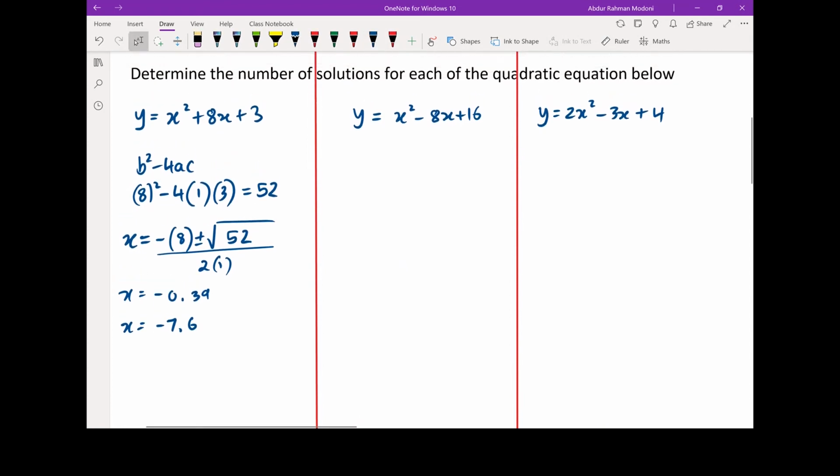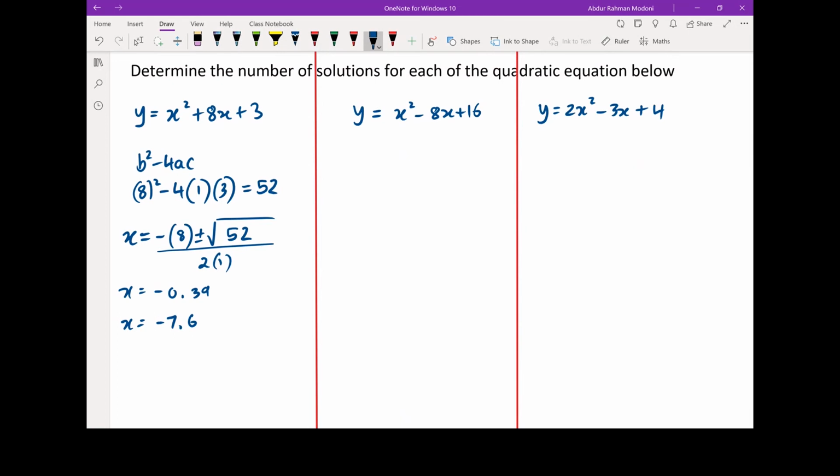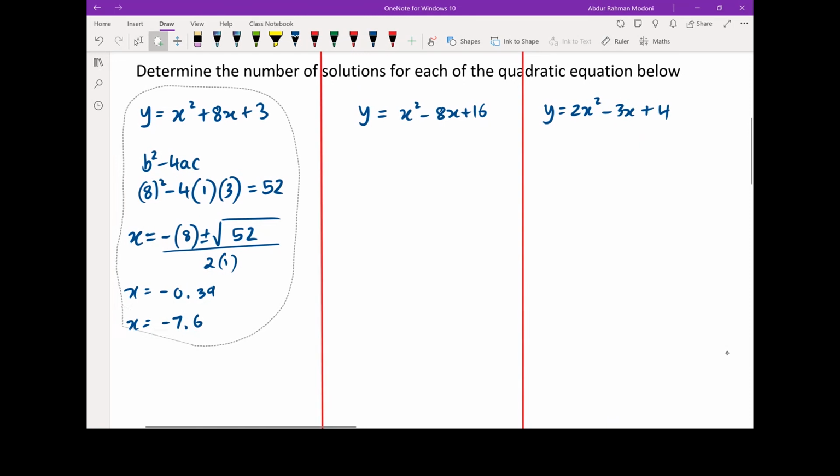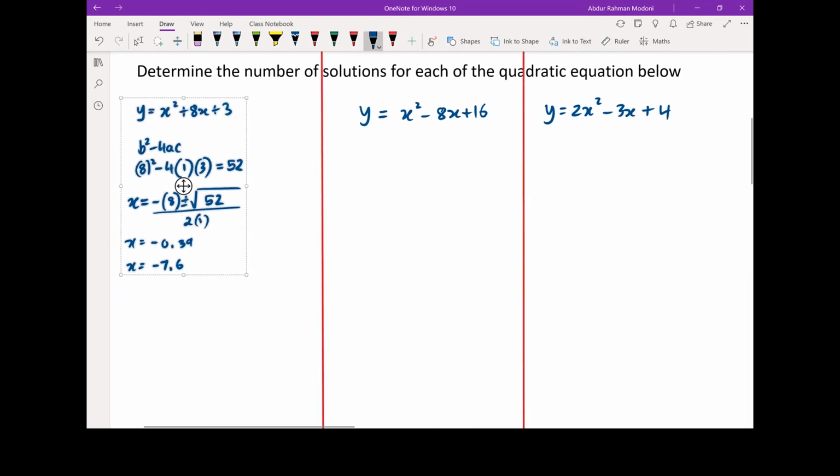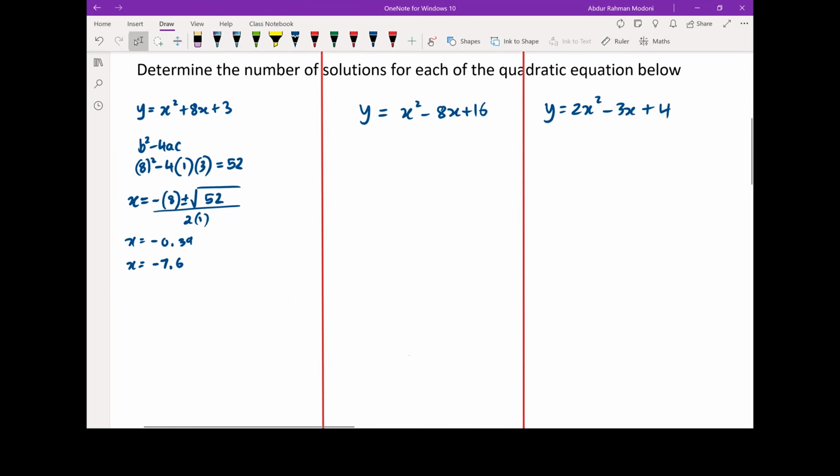So what this suggests is that there are two solutions. What would this look like? Let's take a little look at a sketch. There's two values, one here, one here. It looks like a quadratic like that with two solutions, as we found here.